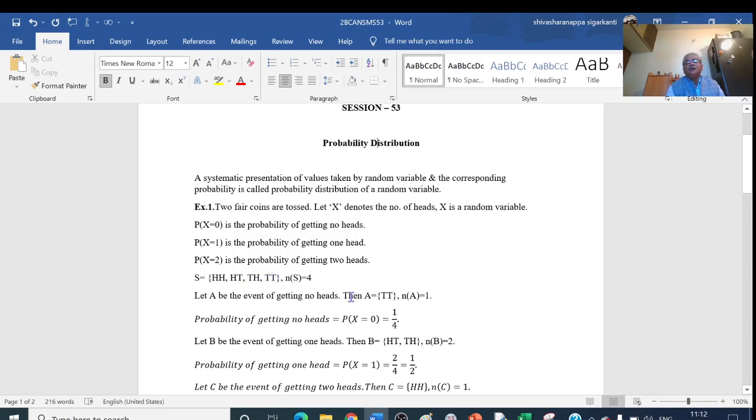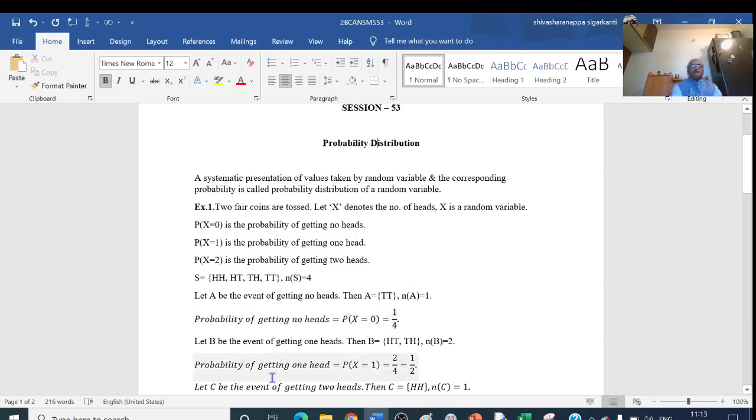So my event A is the set consisting of the element TT, and the number of elements in A is equal to 1. The probability of getting no heads is P of x equal to 0, which is n of A divided by n of S, that is 1 by 4. So 1 by 4 is the probability of getting no heads.